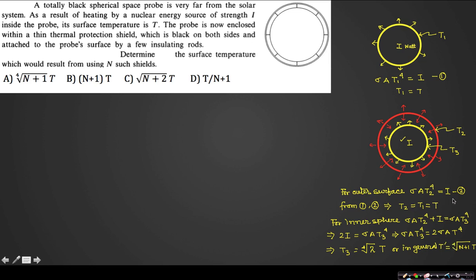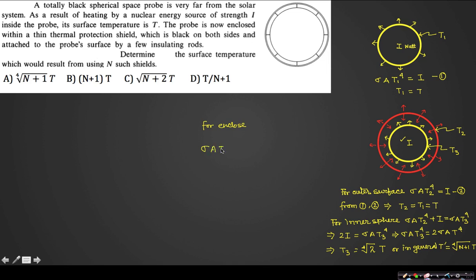If you have some problem understanding this equation, you can also write the power equations for this enclosure and for the spaceship separately. For the enclosure, you can write the heat that is coming to the enclosure.